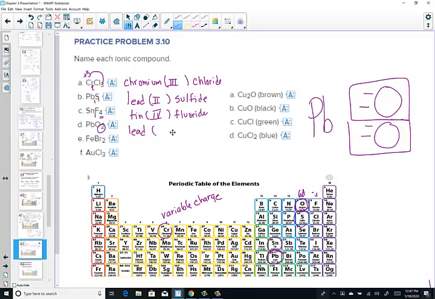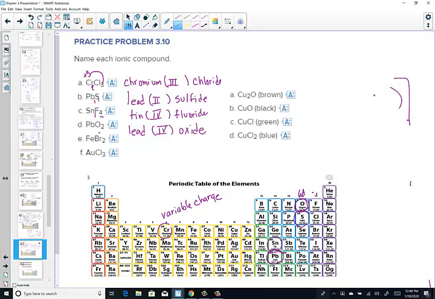I'm going to leave room in that parenthesis so that we can determine the charge. For every 1 lead, 2 oxides are chemically bonded. And the goal is to create an electrically neutral compound. Lead must be carrying a +4 charge to chemically balance the -2s from both oxygens. That's lead 4 oxide.